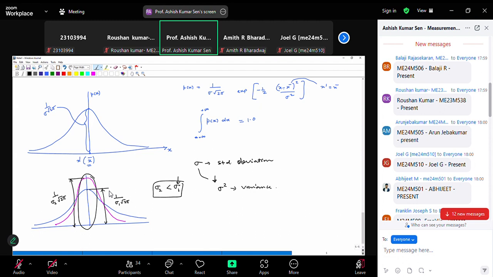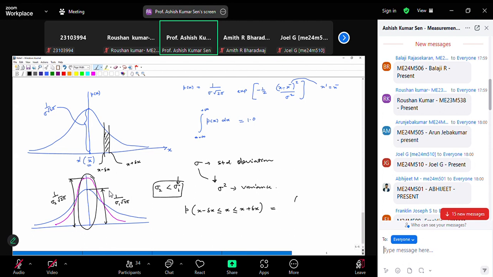Okay. And if you want to know the probability that the data will lie within a certain interval, let's say this is x minus delta x and this is x plus delta x, then you write the probability that my data will lie between x minus delta x and x plus delta x.